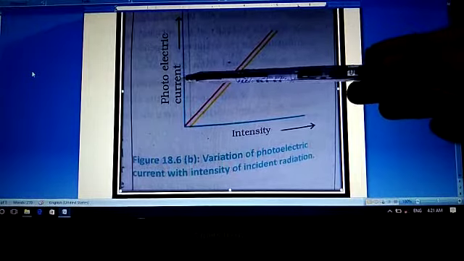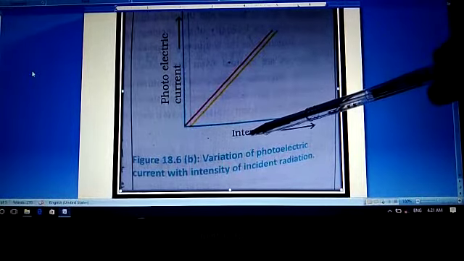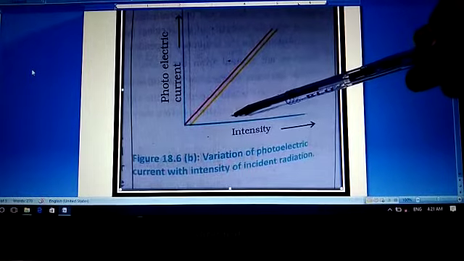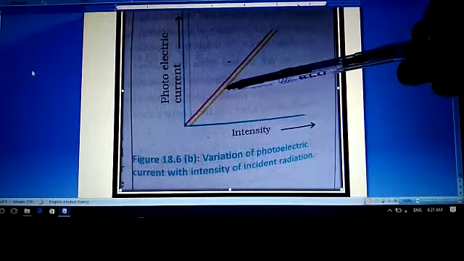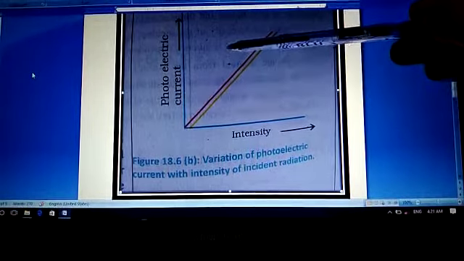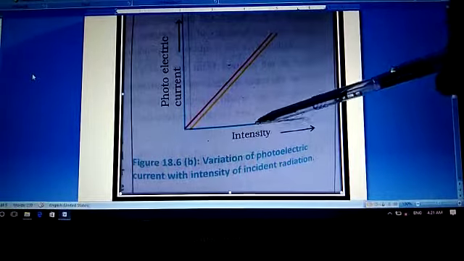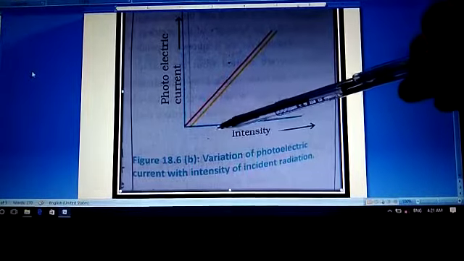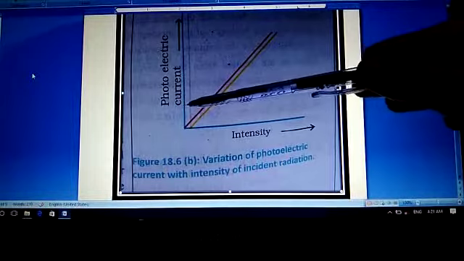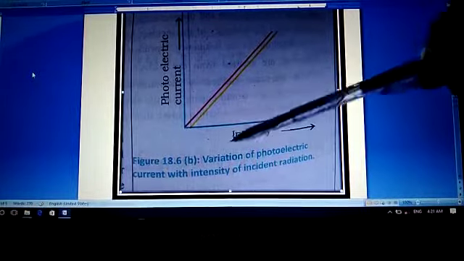This means there is a direct relation, because on increasing the intensity, more photoelectrons are emitted and more current flows inside the circuit. So by increasing the intensity of light at a constant frequency and potential, the current increases linearly with the intensity.